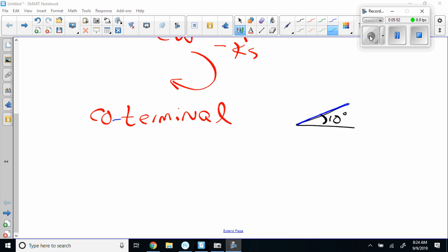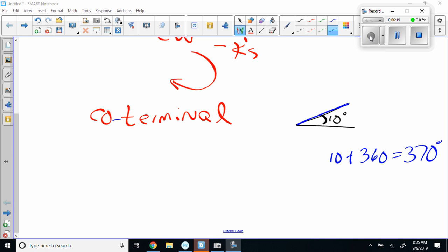Okay, so a coterminal angle shares the same ending side, right? So here's how you find it. It's 10, right? All you have to add is what? 360. Right?